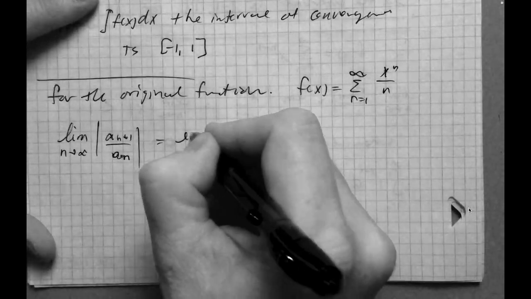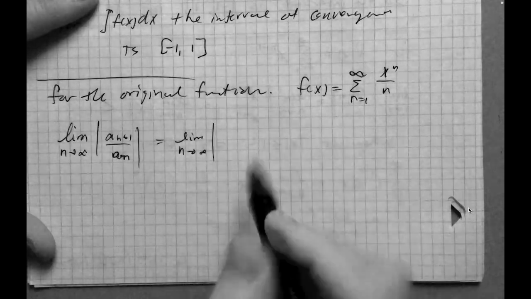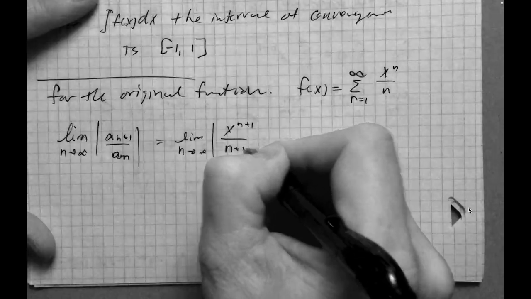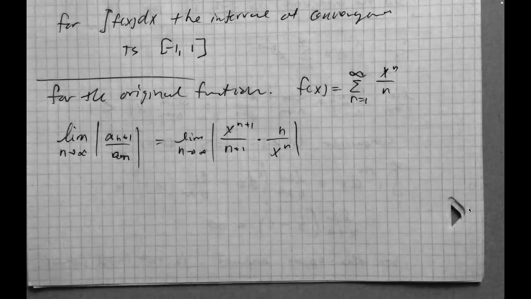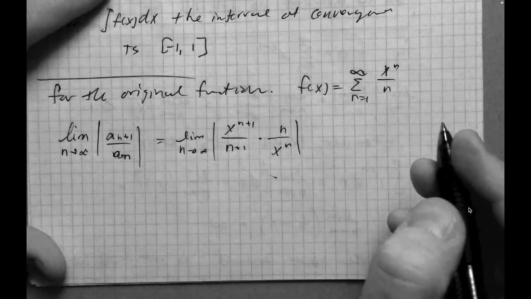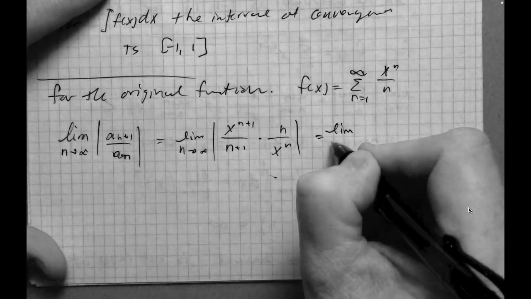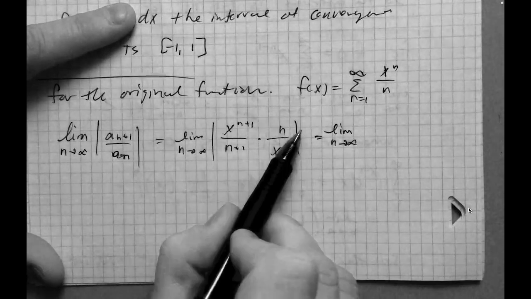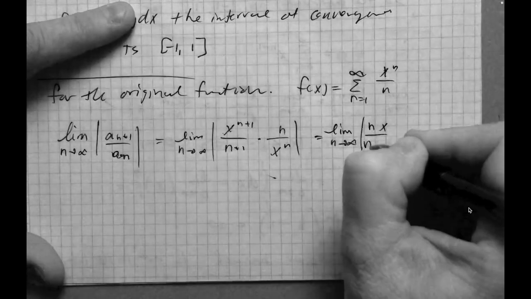And so the ratio test would be the limit as n goes to infinity of x to the n plus 1 over n plus 1 times n over x to the n. So multiplying by the reciprocal. Okay, and so this is quick to see that the radius is the same, so it would be just x times n over n plus 1.